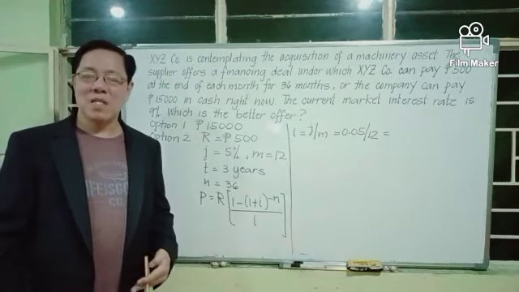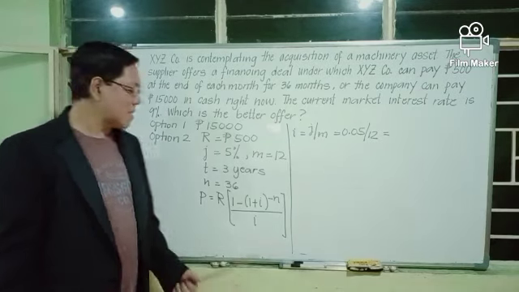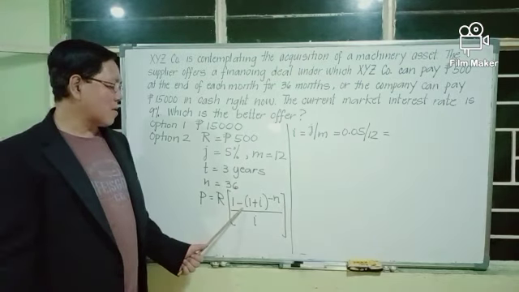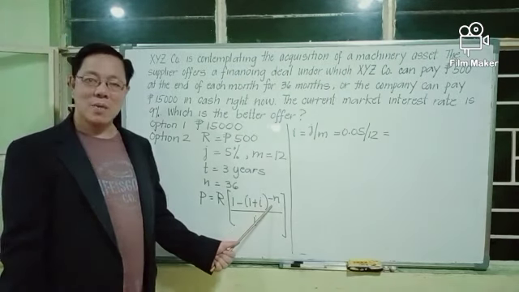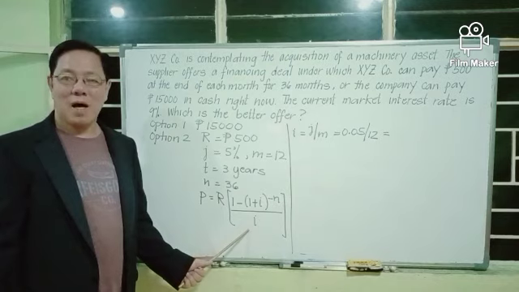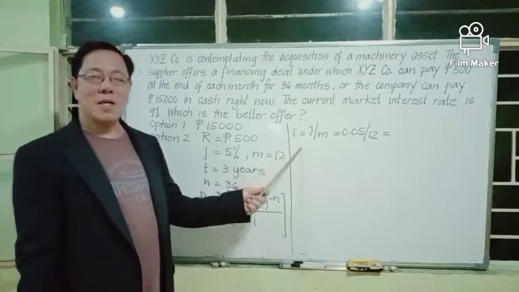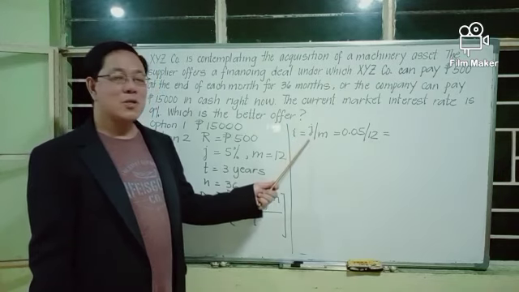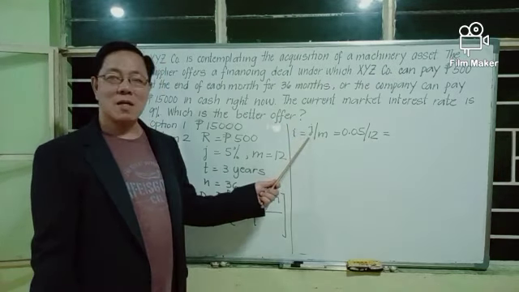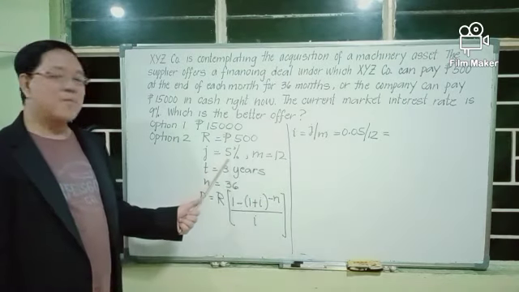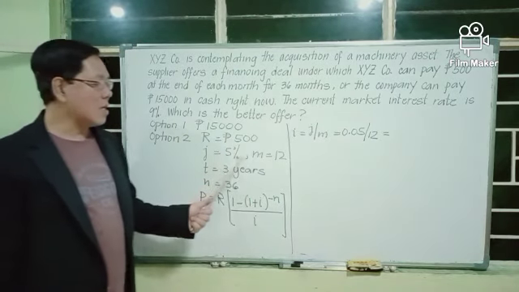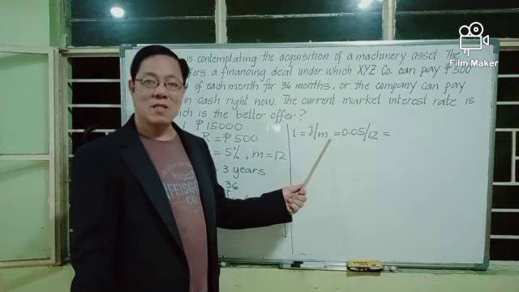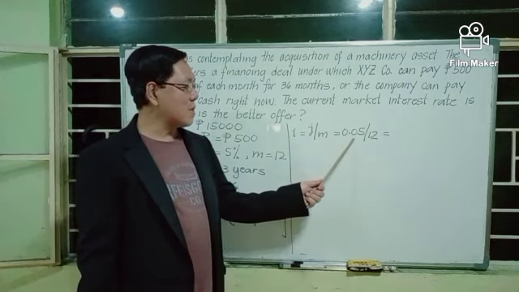The formula to calculate the present value of ordinary annuities, denoted by P, is given by R times quantity 1 minus quantity 1 plus i to the negative n, all over i, where i is the interest rate, in this example per month, given by formula j divided by m, where j is the current market interest rate per year of 5%, in decimal equal to 0.05, and we want the interest rate per month, so we divide 0.05 by 12.